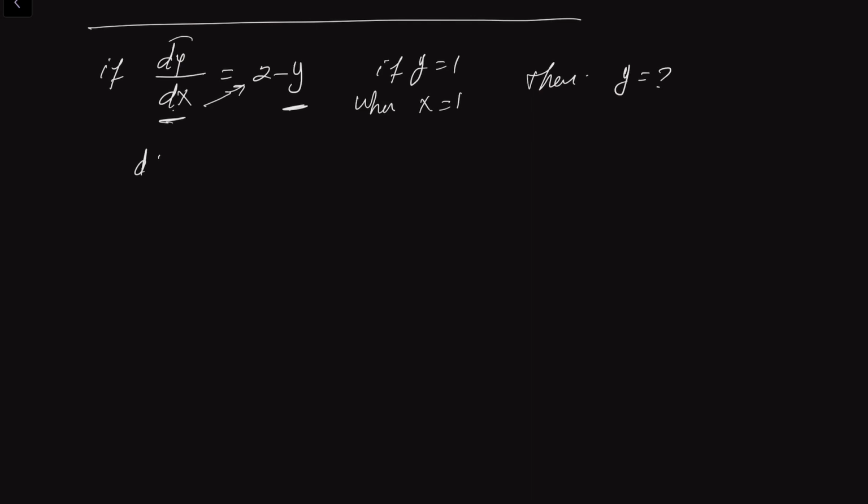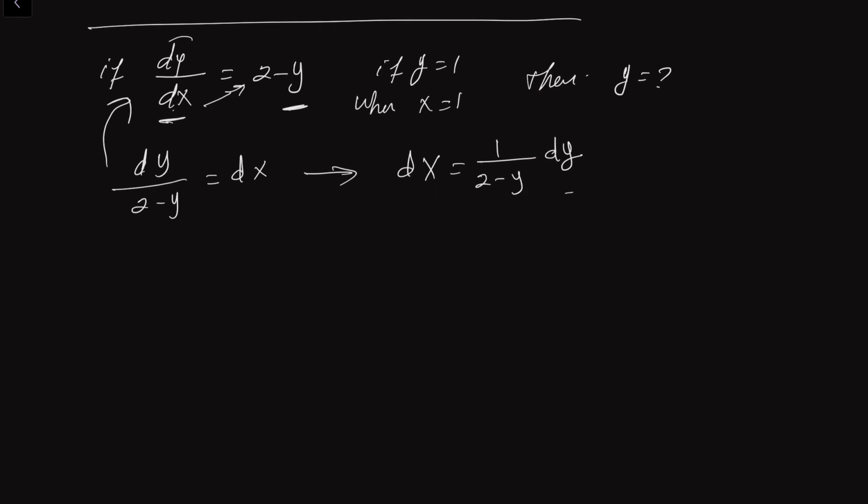So we say dy over 2 minus y equals dx. That's exactly the same as this one, we didn't do anything. So in the normal layout, dx is equal to 1 over 2 minus y dy. So that's the equation we're going to work on.